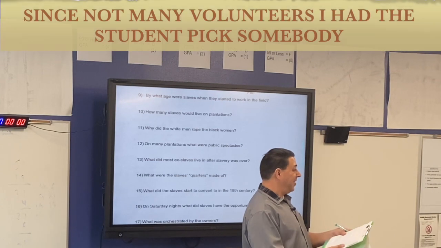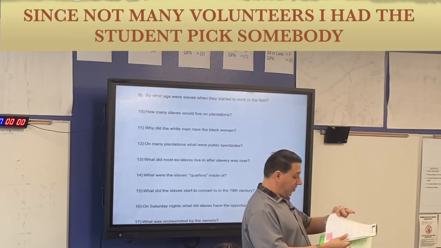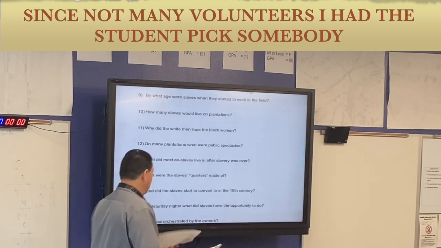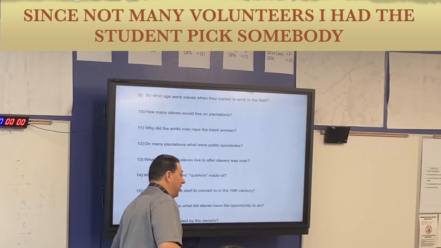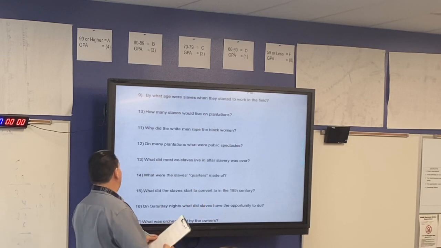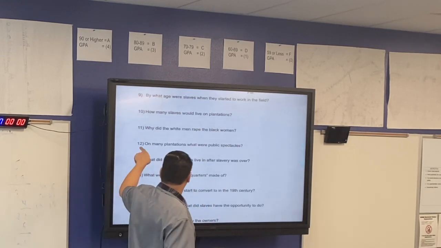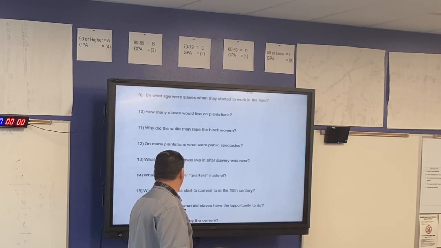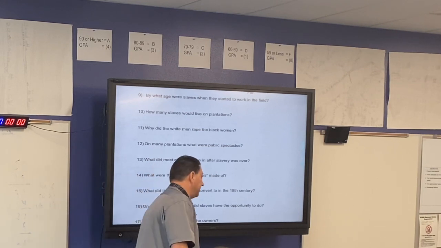What's it going to be? 35 all the way. Georgia, it's you. Stupid last names like that. I know, I feel your pain on that one. Georgia. There we go. What did most ex-slaves live in after slavery was over? Number 13. Did you get the answer?